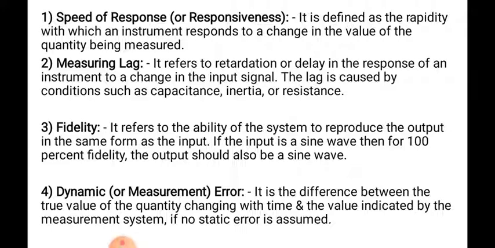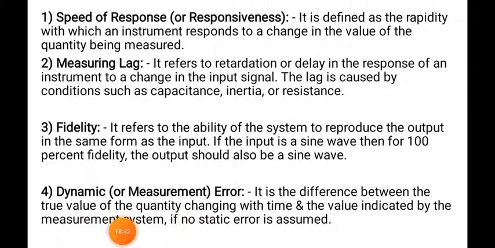When no static error is assumed, the difference between the true value of the quantity to be measured and the value indicated by the measurement system is the dynamic error.